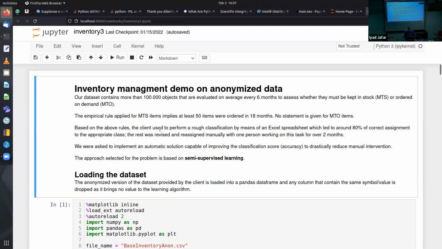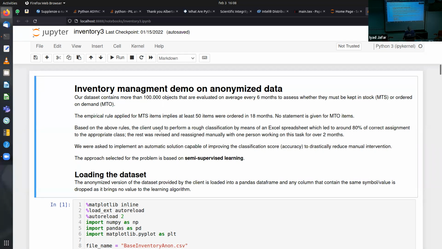And this task, apart from this empirical rule that was applied basically with an Excel spreadsheet, they only could achieve 80% of recognition of correct assignment, because the rest had to be done manually. Some expert knew which component has to be in one or the other class.